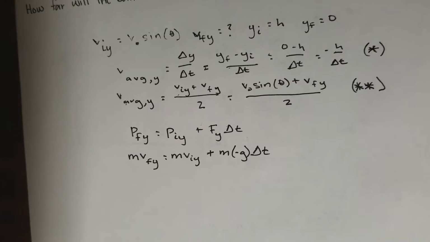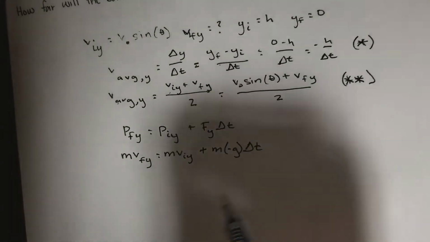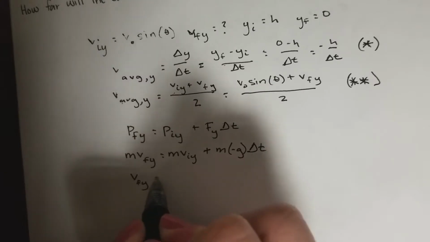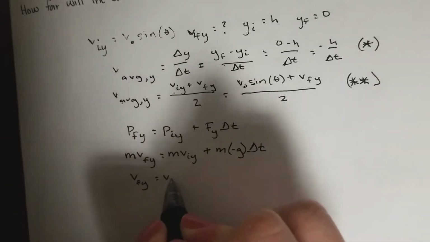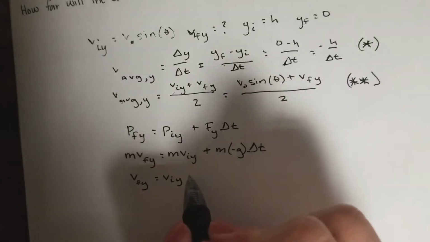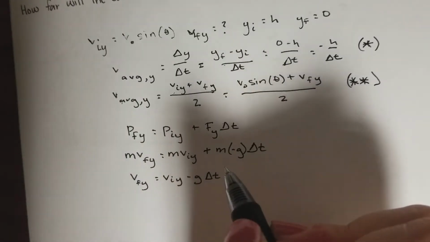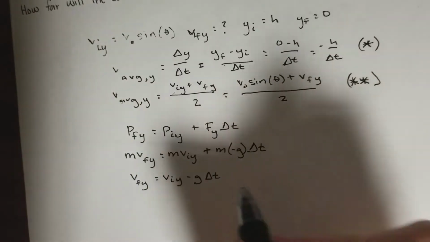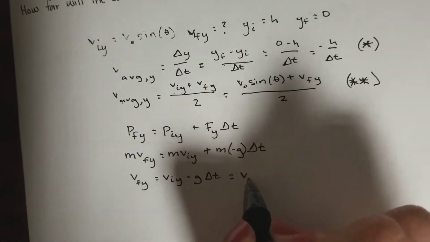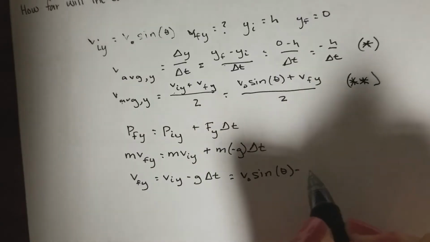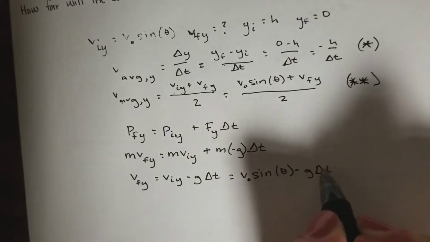If we solve for the final velocity in the y direction, we get v final in y is equal to v initial in the y minus g delta t, which is equal to v naught sine theta minus g delta t.